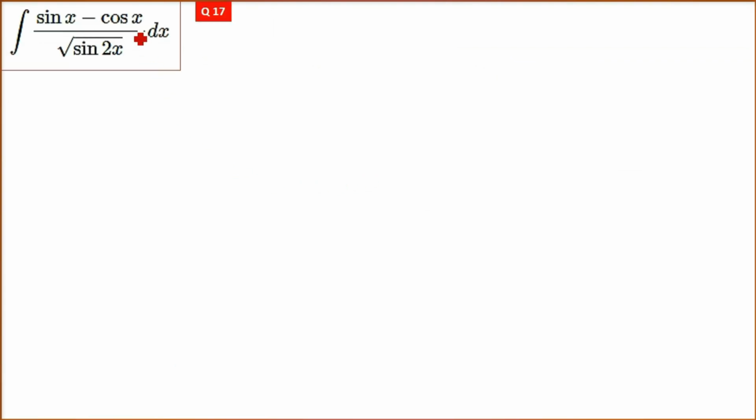Next is sin x minus cos x by under root sine 2x. Again, same thing we are going to apply. We need sin x minus cos x anyhow. So how can we convert this sin 2x in order to get sin x minus cos x? Because if we have sin x plus cos x with us, when we take it as t and differentiate it, dt by dx will give you cos x for sin x and negative sin x for cos x.